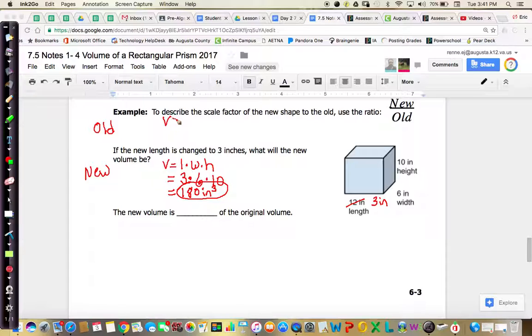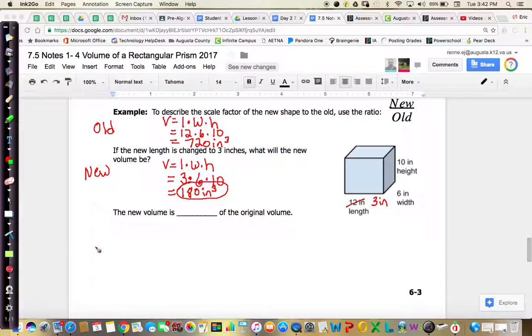So once again, V equals length times width times height. And just ignore where I scratched out because we're doing the original. So we're going to do 12 times 6 times 10. 12 times 6 is 72. 72 times 10 is 720 inches cubed.